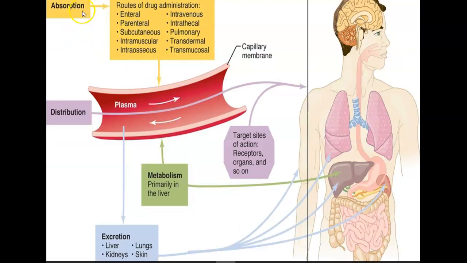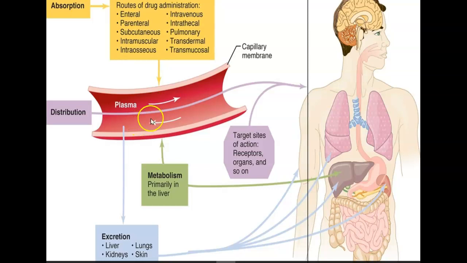Then you talk about absorption. We've talked about distribution. So here are your routes. This is a nice little graphic that you can use. With your distribution, it has a lot to do with the capability of the capillary membrane and how that plasma and whatever else we use to carry the products can carry it throughout the vasculature.